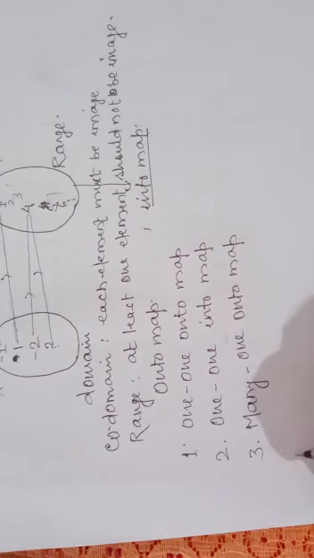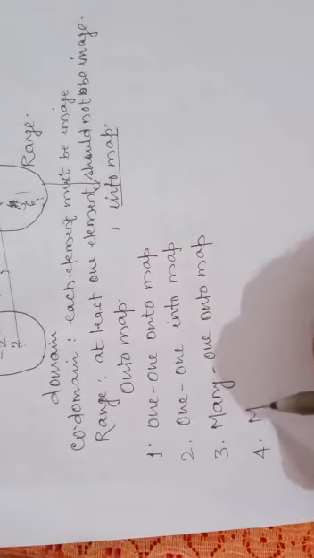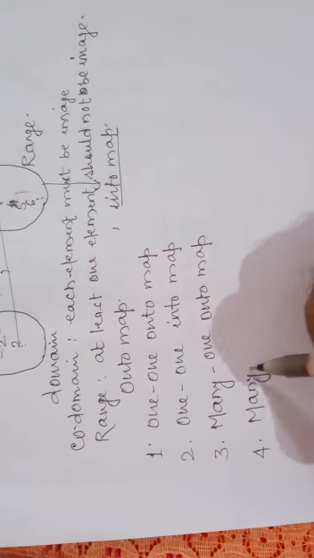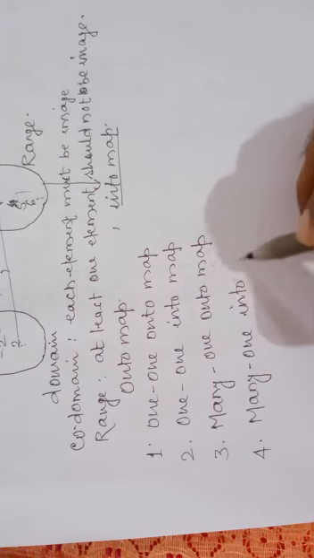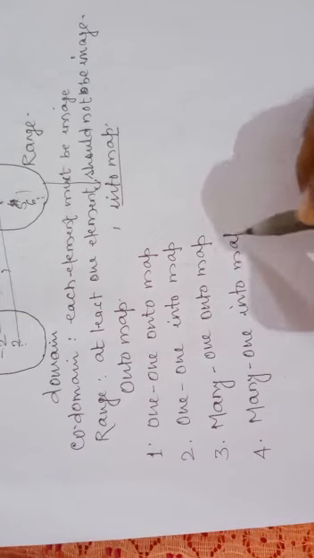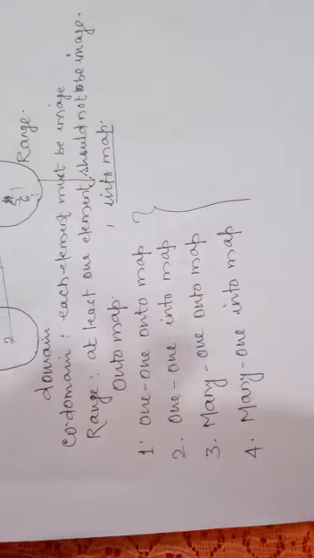And finally we have many-one into map. So there are 4 types of map: 1-1 onto, 1-1 into, many-one onto, many-one into.